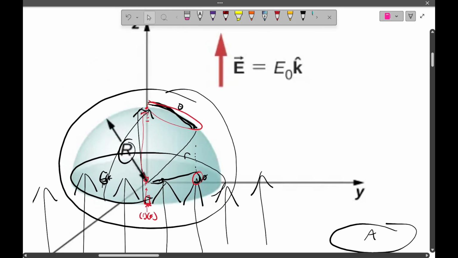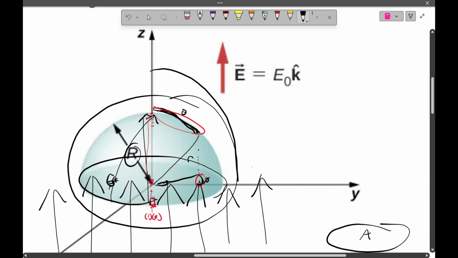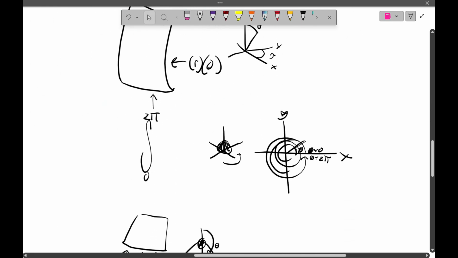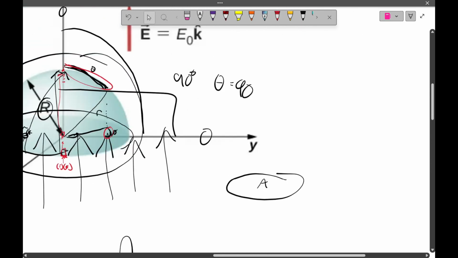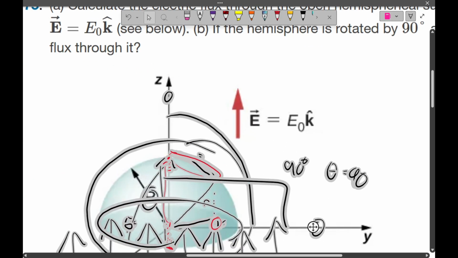how far does this hemisphere get from the z-axis? Well, this is 90 degrees. From up here to down here is a 90-degree angle, meaning our total theta is going to be 90. And remember, theta is measured from the z-axis, so the farther down I go, the higher my angle.